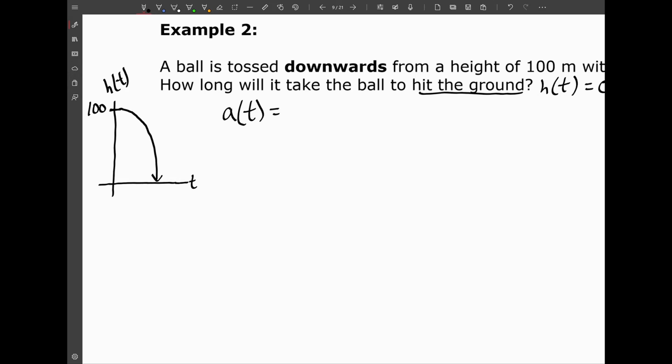So a of t is equal to negative 9.81, but I'll just do 9.8 meters per second. 9.8 is good enough. So that means that the velocity of that ball is going to be negative 9.8 t, because I'm taking the antiderivative of acceleration, plus some constant. So I just take my antiderivative.